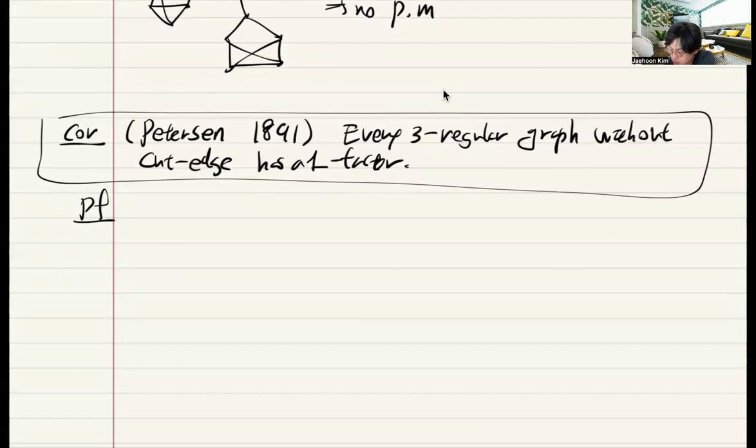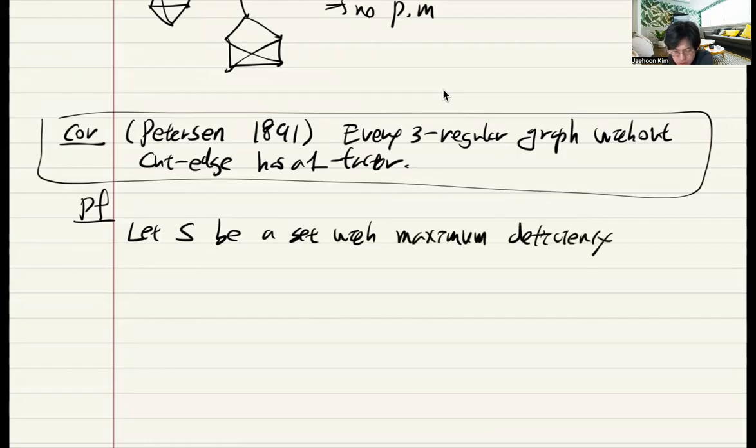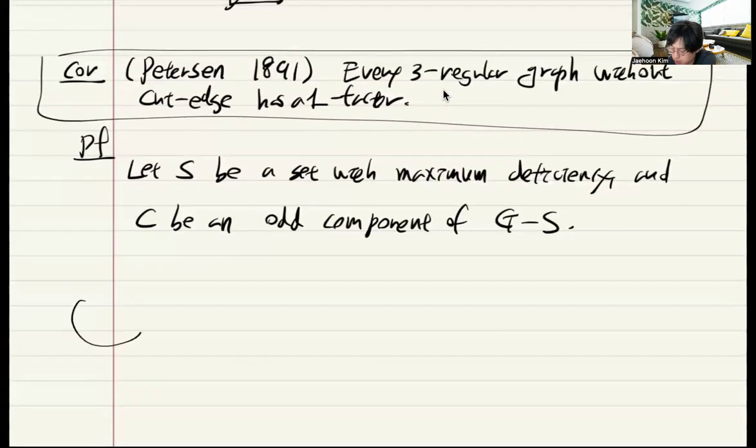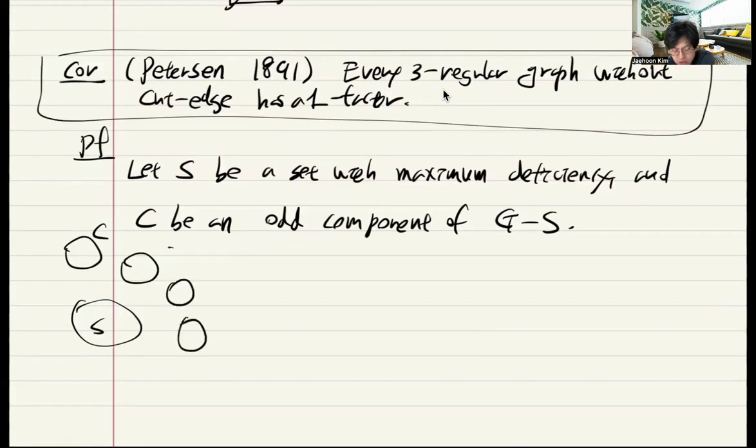How do you show it? In order to use the Tutte one-factor theorem, we need to check that the Tutte condition holds for such a graph. So let's say, let S be a set with maximum deficiency, and C be an odd component of G minus S. Then what do we know?